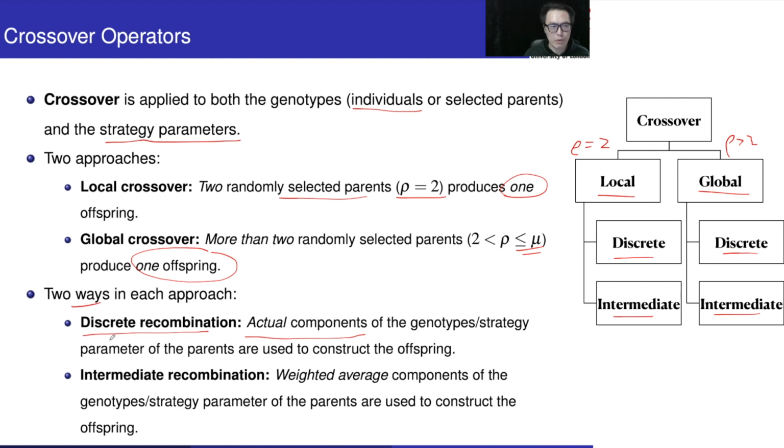When we talk about the intermediate recombination, we are going to use the weighted average. So we will not just simply pick some elements from the parents. We are going to use the information from the parents and then generate the offspring. Let's go into detail about each method.